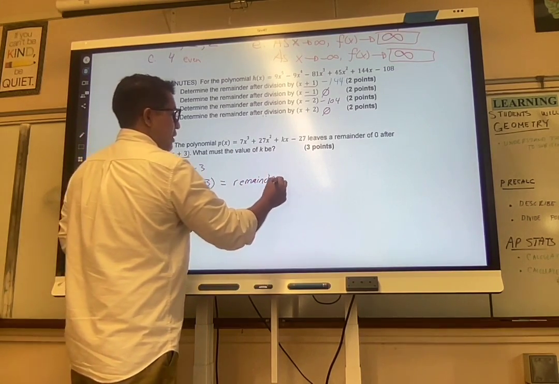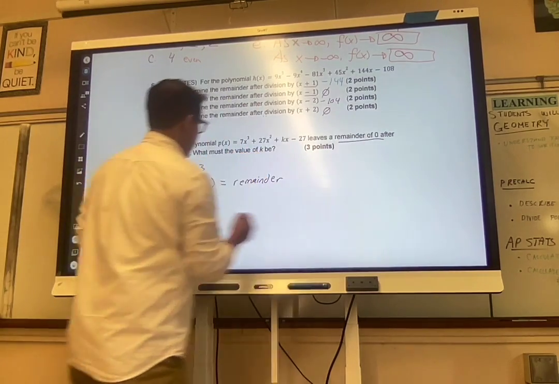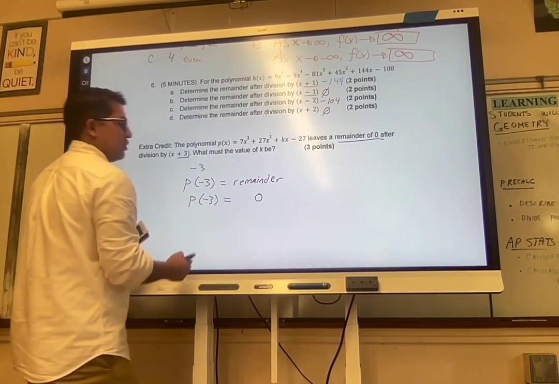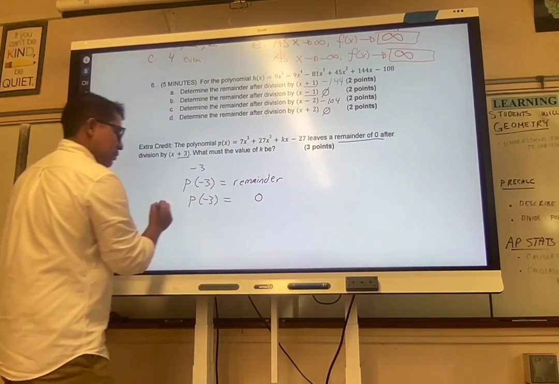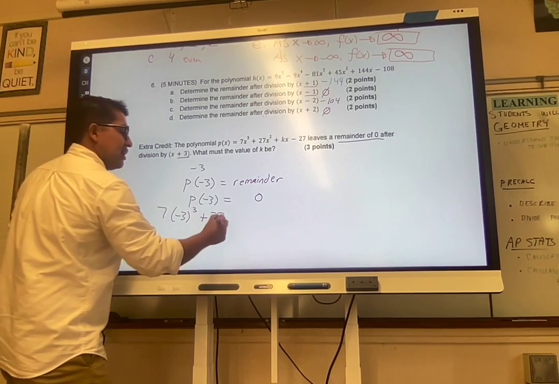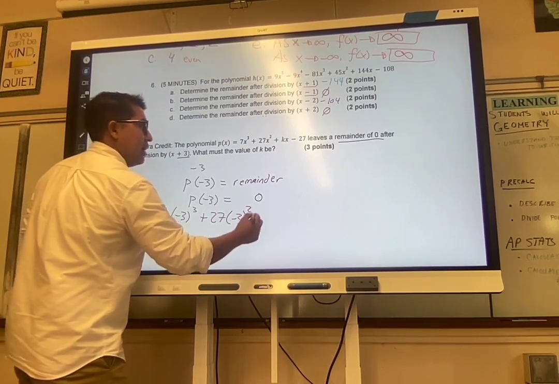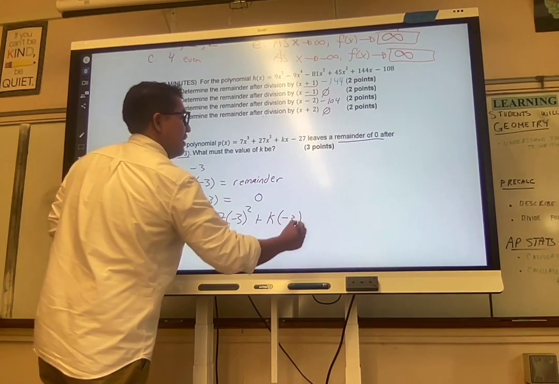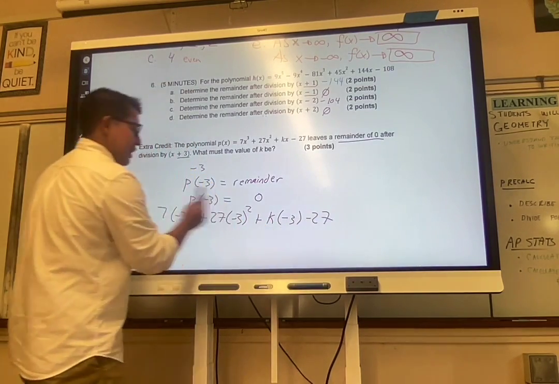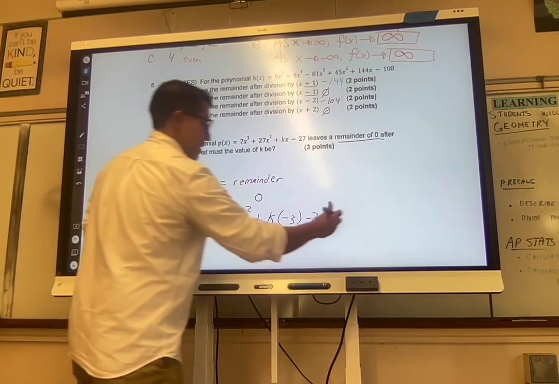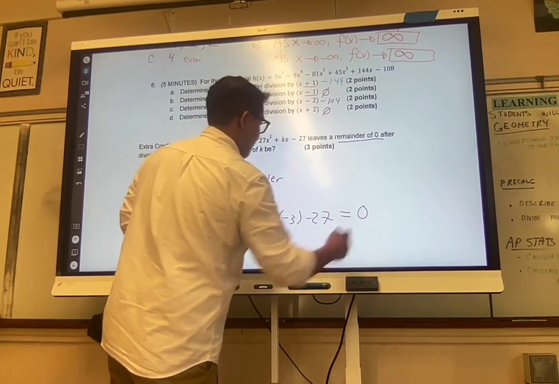But this problem says that remainder is 0, so it's basically saying when you plug in -3, set that equal to 0. So our math would have to be 7 times -3 to the 3rd power plus 27 times -3 squared plus k times -3 minus 27. That's what plugging in -3 into the polynomial would create, and it's supposed to equal 0.